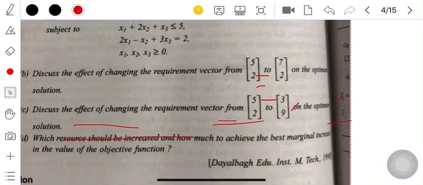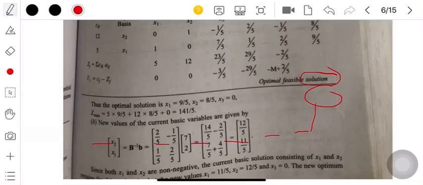the effect of changing the requirement vector from 5, 2 to 7, 2 on the optimal solution. Now we are going to change the value from 5 to 7. Okay, now what we need to do is simply, because here what are the selected variables? x4 and x5, isn't it?